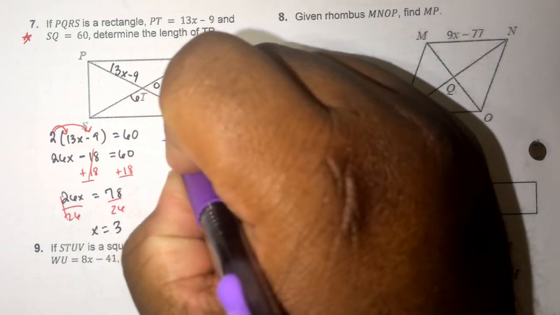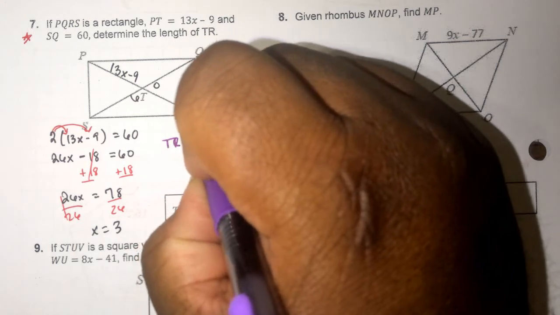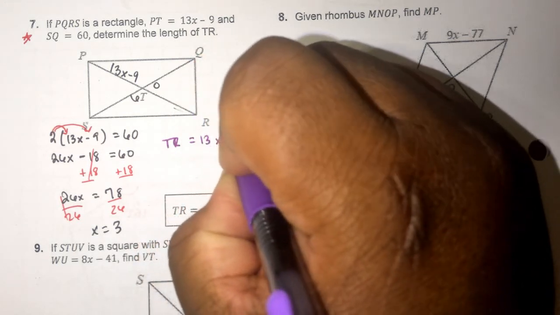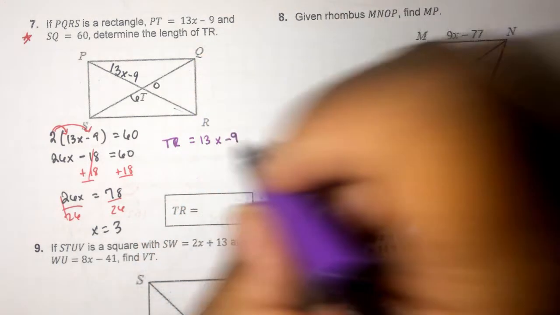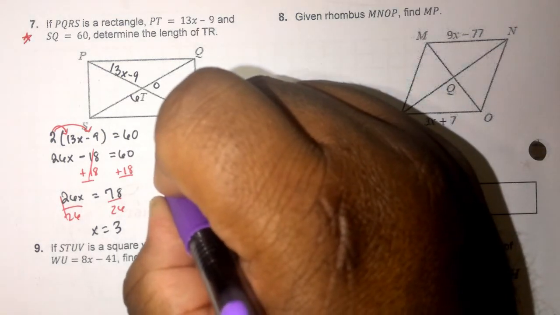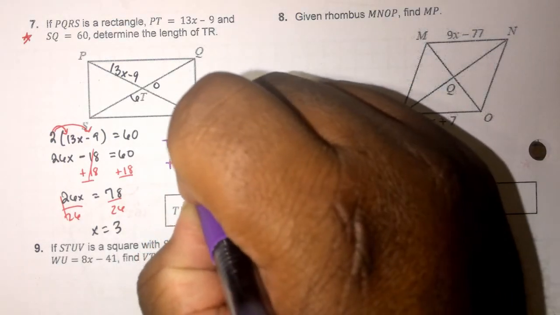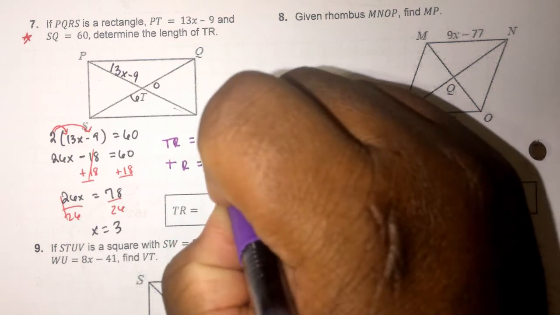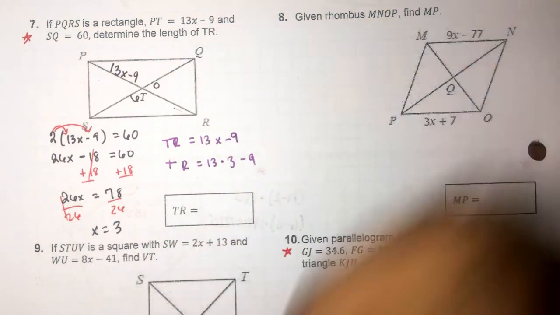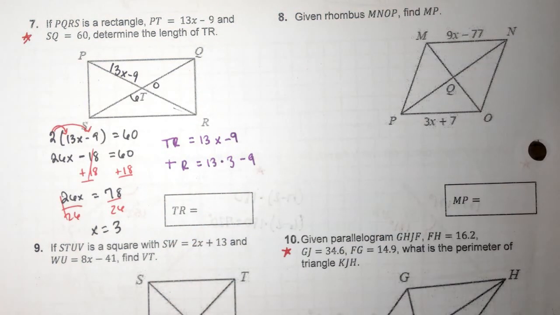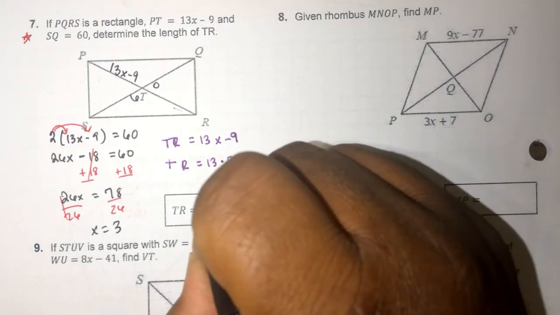So TR is going to be equal to 13x minus 9. And I already know what x is, so TR is going to equal 13 times 3 minus 9. You do that math, TR is going to equal 30.